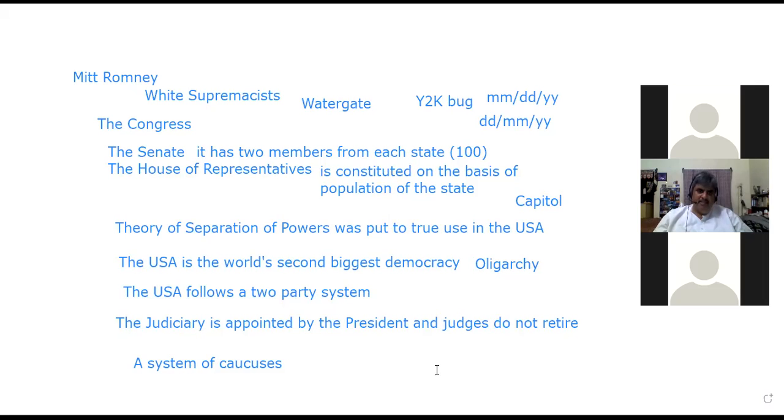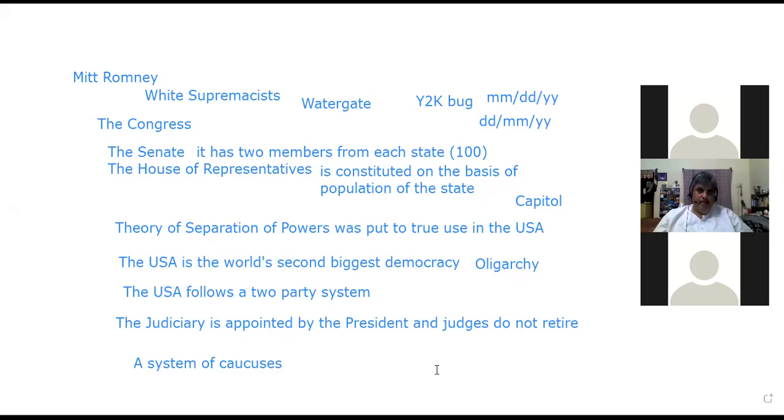But there were instances in the past when 4 or 5 candidates also contested elections. And Franklin Roosevelt was president almost 4 times. Not almost, he died in his 4th term.